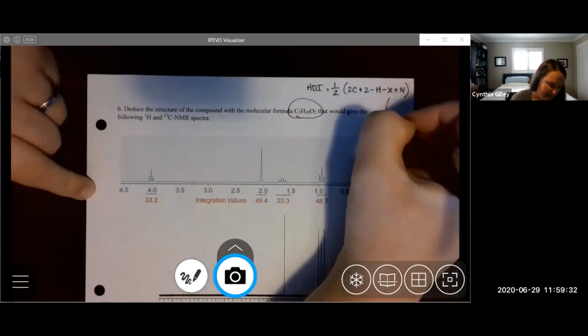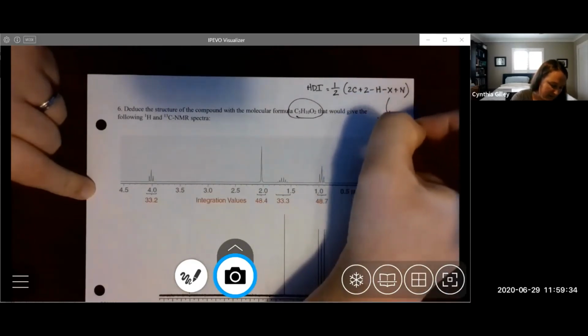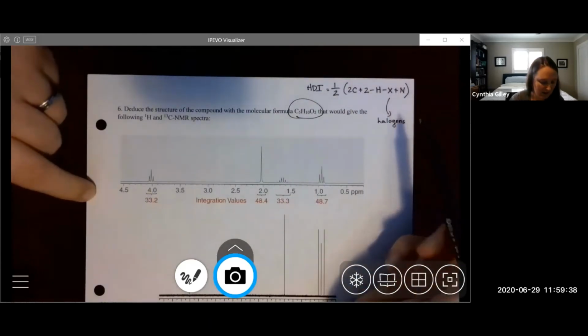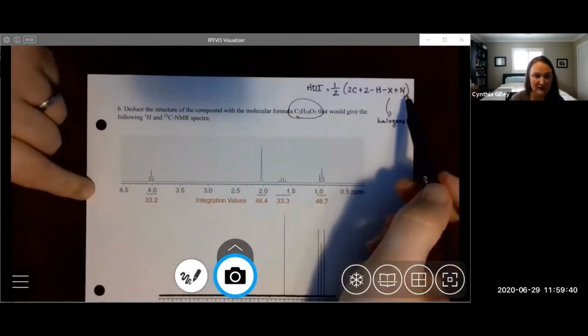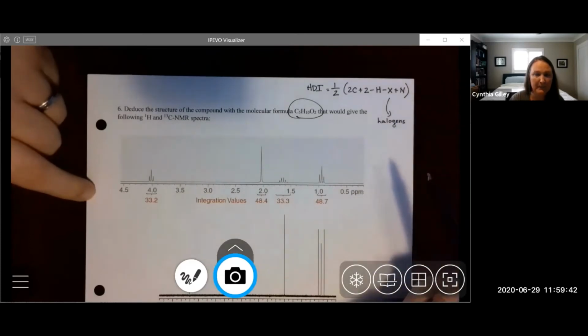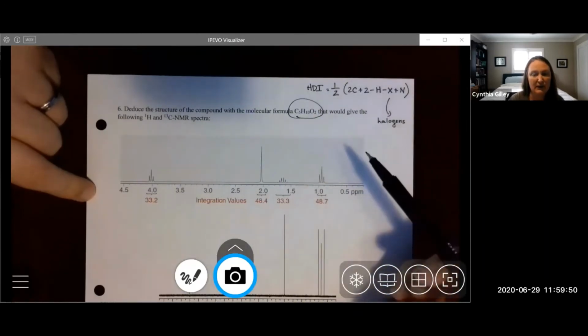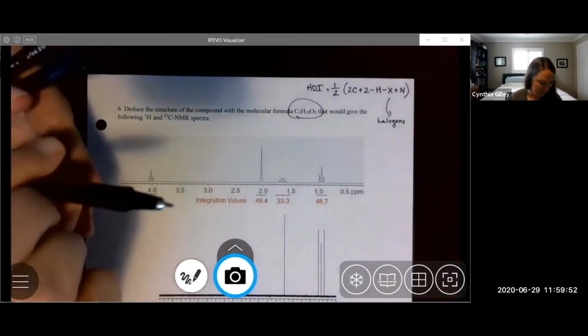X equals halogen. So notice that oxygen is not in the formula. Carbon, hydrogen, halogens, and nitrogen are in the formula. It doesn't matter how many oxygens there are, it's not going to change the value, so we don't put it in.